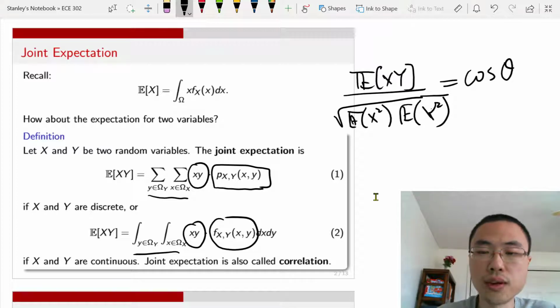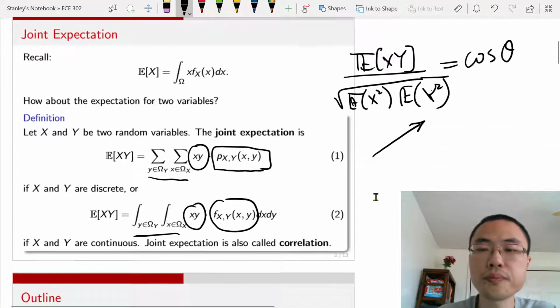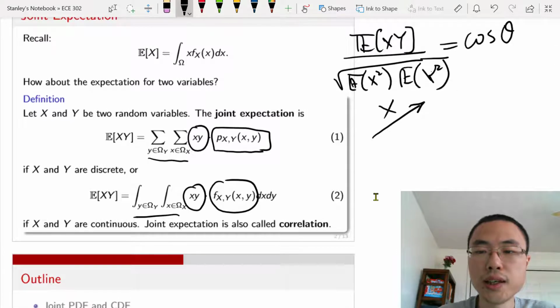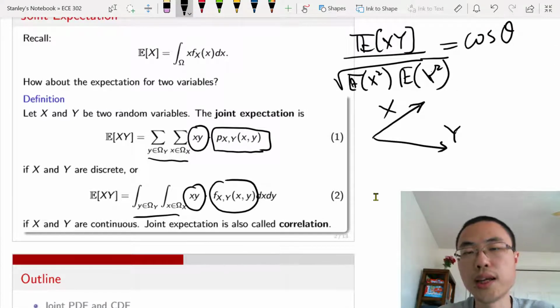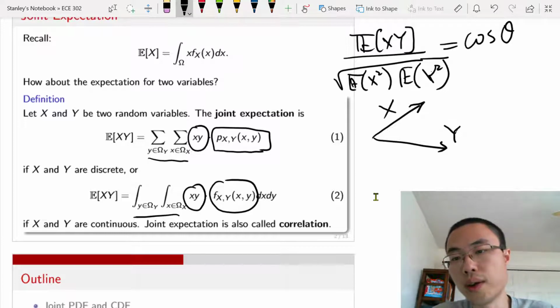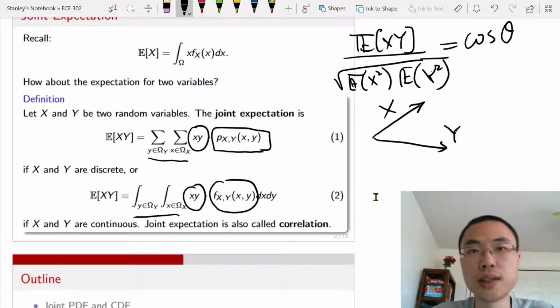If you recall the last lecture, we defined a vector x and another vector y. These two vectors represent all the possible states in your x random variable and y random variable. Now if they are parallel, then we say that they're correlated. If they're perpendicular, we say that they're uncorrelated. So that is what we have learned in the previous lecture.